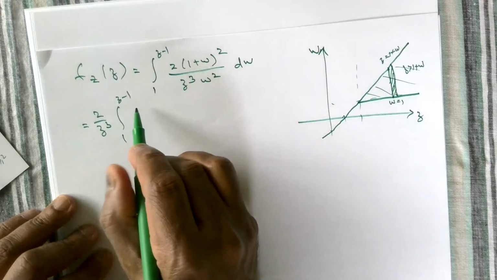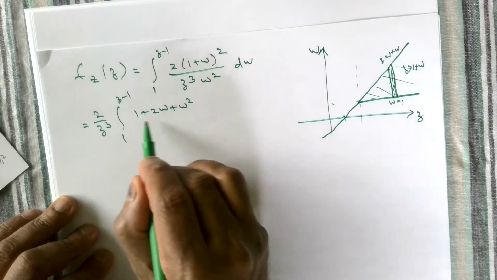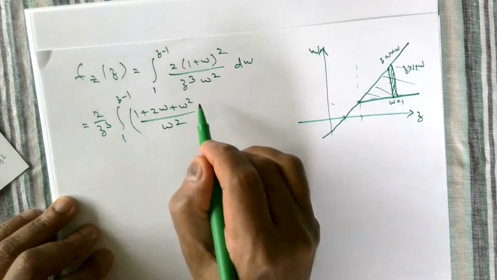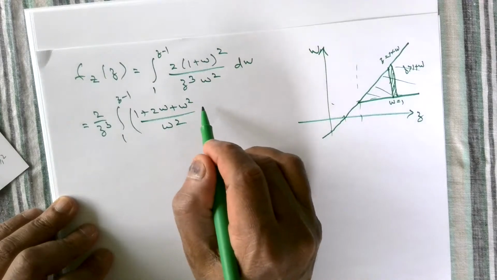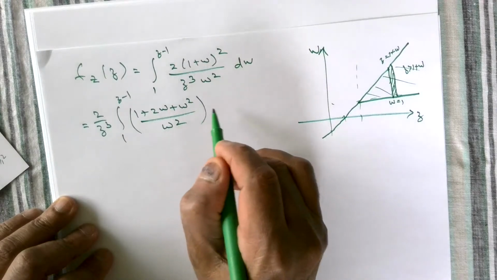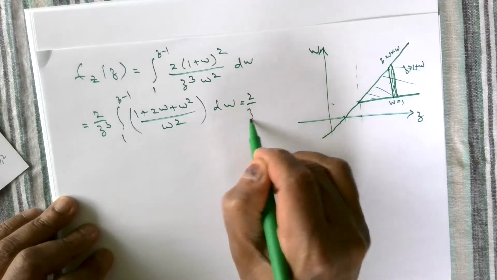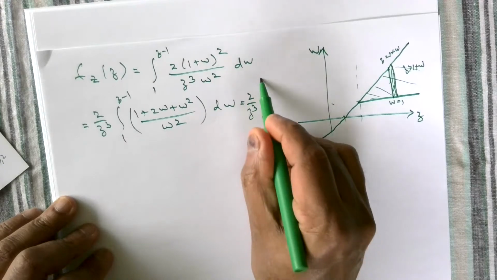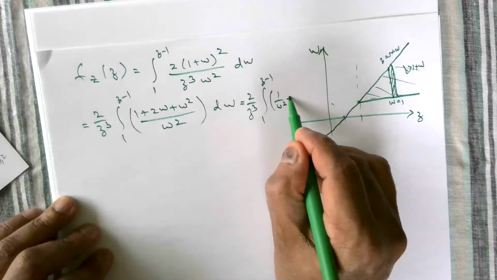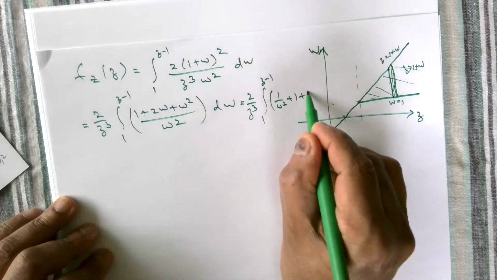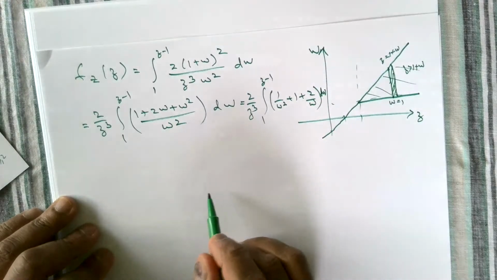And I'm going to expand this (1 plus w) squared. So this is (1 plus 2w plus w squared) over w squared. Maybe you can do it by parts, but I'm going to do it this way. So if I write it as 2 over z cubed, integral from 1 to z minus 1, this is 1 over w squared plus 1 plus 2 over w dw. I put the middle term at the end.